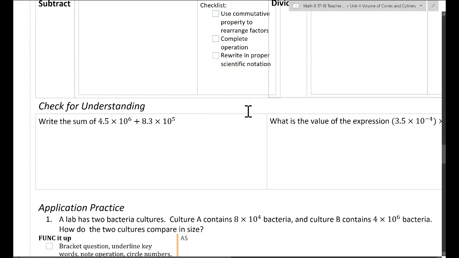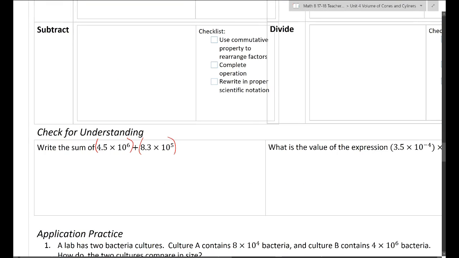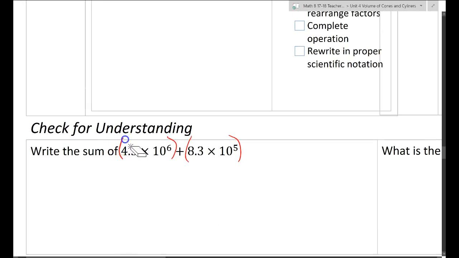So we have write the sum of this and this. Now, we know for adding and subtracting, the powers must be the same. So let's get the powers to be the same. My usual strategy is this. Let me zoom in a little bit. My usual strategy is this. I want to make the bigger power smaller. That's just how I usually do this.